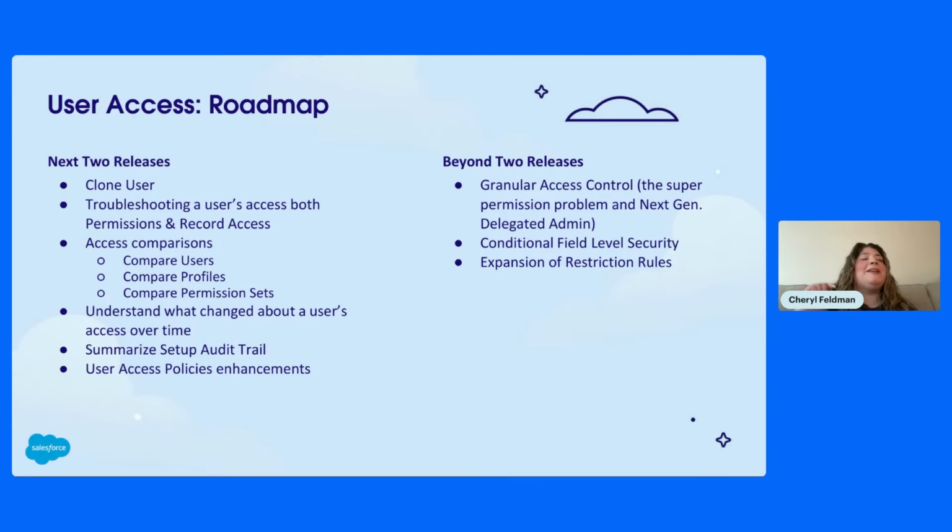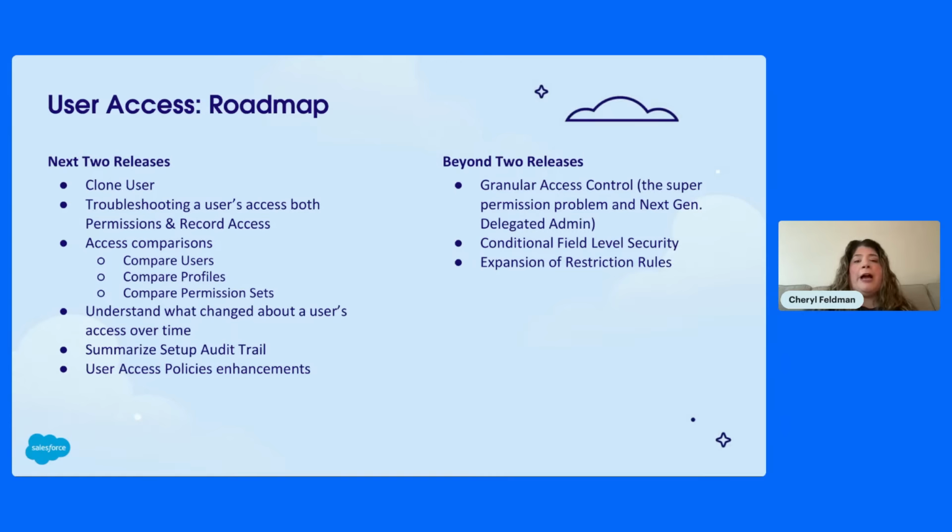And I want everybody in the chat to shout out Larry, because he's been working really hard on a lot of our troubleshooting functionality, as well as comparing of access, comparing of users, comparing of profiles, comparing of permission sets, understanding what's changed about a user's access over time, summarization of the setup audit trail, and also the user access policies enhancements I mentioned. So that's what you can expect to see over the next couple of releases.